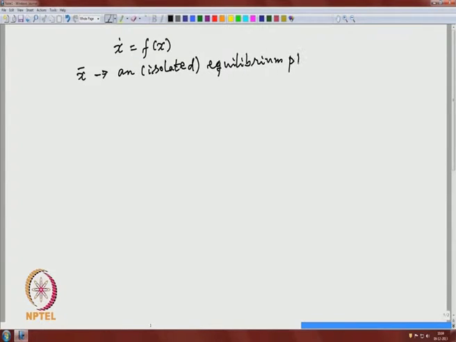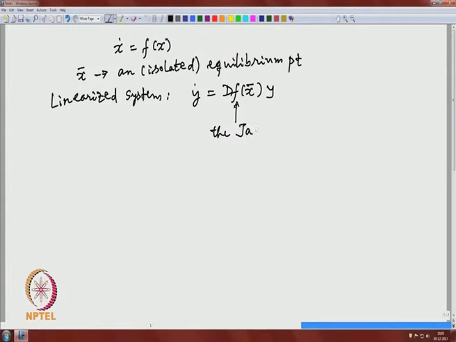Equilibrium point, and then the linearized system is given by y dot equal to df at x bar times y, and this is the Jacobian of the vector f at x bar.